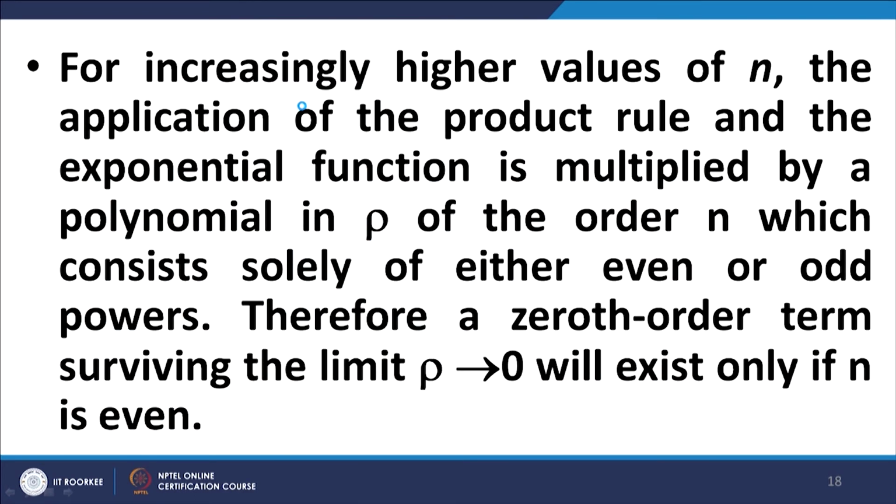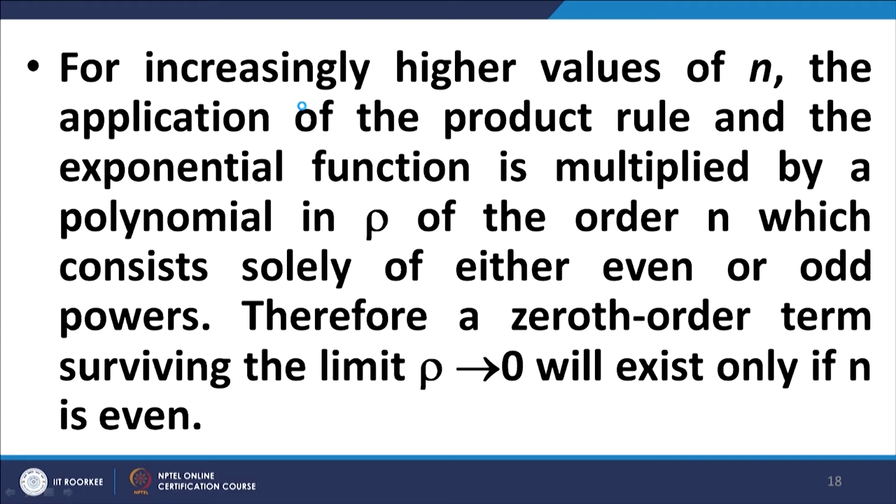Now, as the number of values y k 1, y k 2, k 1, k 2, k 3, the number of differentiations increases, the exponential factor is multiplied by polynomials in rho of the order n. Now, what does it consist of? It consists of either even or odd powers.